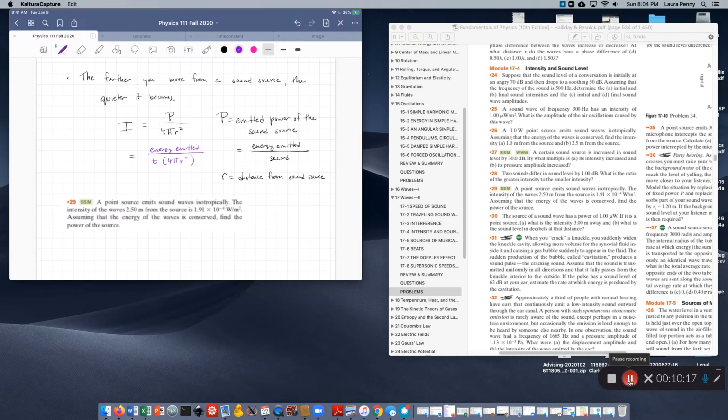So as the energy moves out, it moves out in a spherical wave, and it goes out in every single direction. Isotropically is what we're saying here. And so at any point at that same distance away, you would feel the same intensity. It doesn't matter whether you go up by r, or to the left by r, or in front by r, or behind by r. It's still going to be dropping off by that. And the surface area of a sphere that has a radius r is 4 pi r squared.